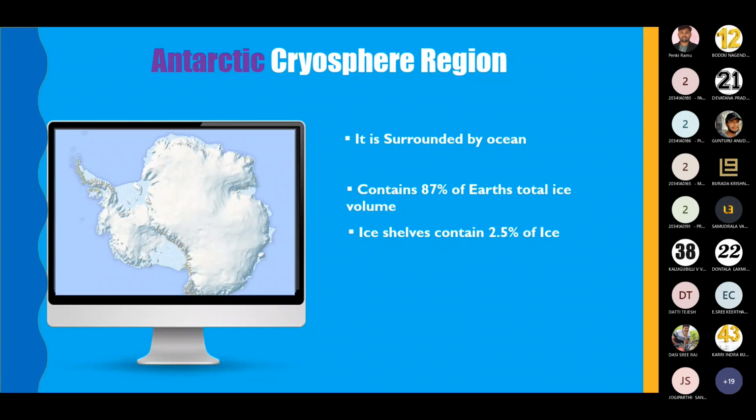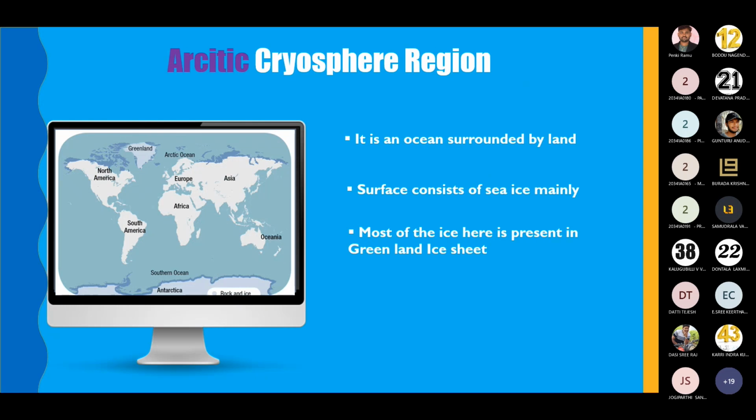So coming to the Antarctic region, it is surrounded by the ocean, and it contains major chunks of the Earth's ice. 87% of the Earth's ice is present in this Antarctic cryosphere region, and in this region, ice shelves constitute 2.5% of its ice. And next is Arctic cryosphere region.